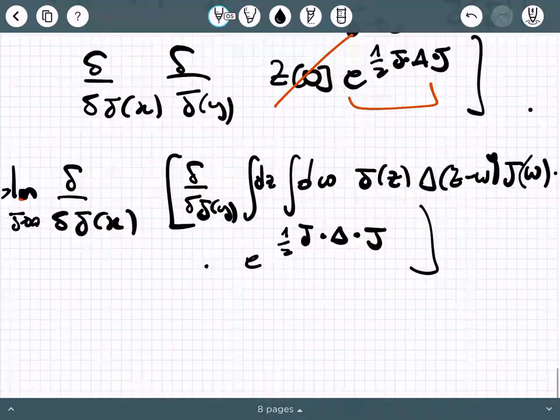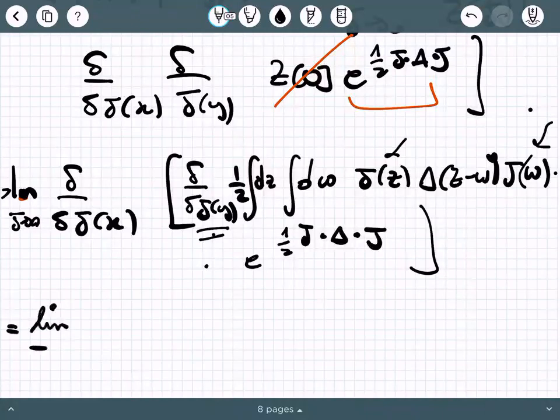Okay, just applying the rule of differentiation. Now I have a 1/2 here, of course. Now, as before, this can act here, or it can act here. So I will have the limit j going to 0 of d by dx, dj of x.